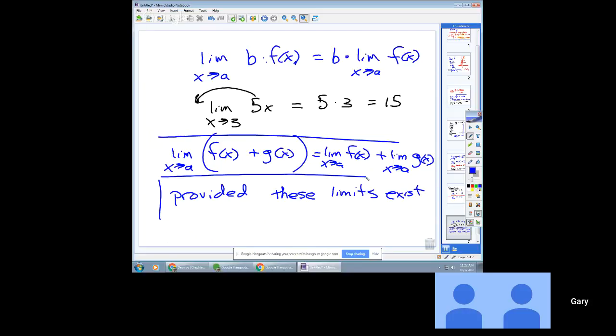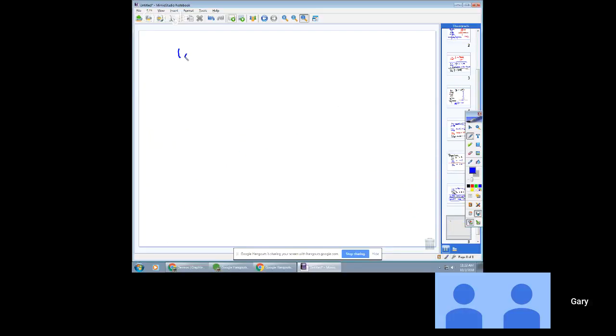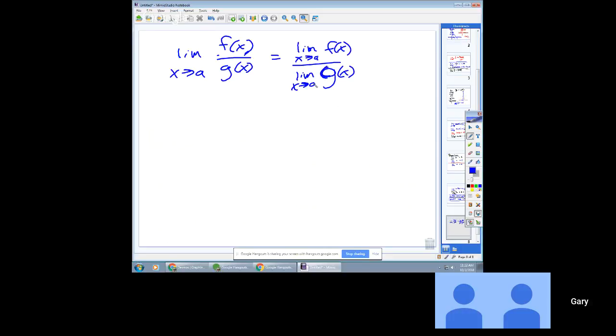So sticking with this provision, because I'm going to use combinations of functions a couple more times here. What if I take the limit as x approaches some number of f of x divided by g of x? As long as those functions behave well, meaning the numerator is okay and the denominator is okay, then this is going to be the limit of the numerator divided by the limit of the denominator, as long as those two limits exist.